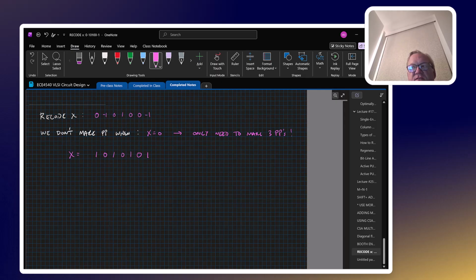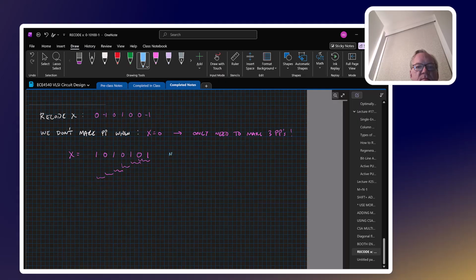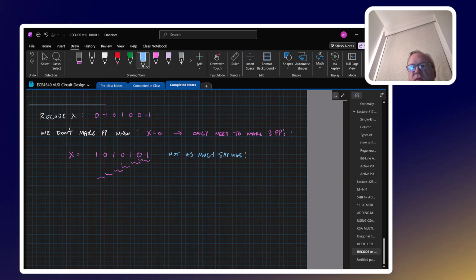In this particular case, of course, we're not going to get as much savings because as we compare our 2 bits, we're always going to end up doing a subtraction or an addition based upon our rules that we had before. So we're not going to save too many operations in that particular case.